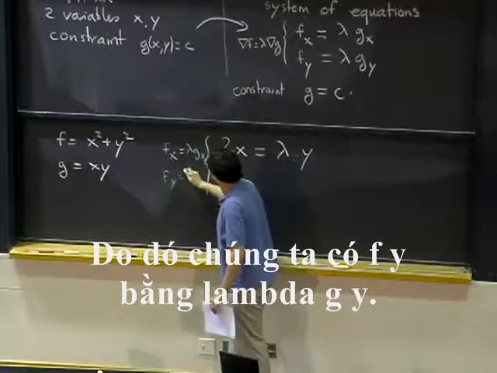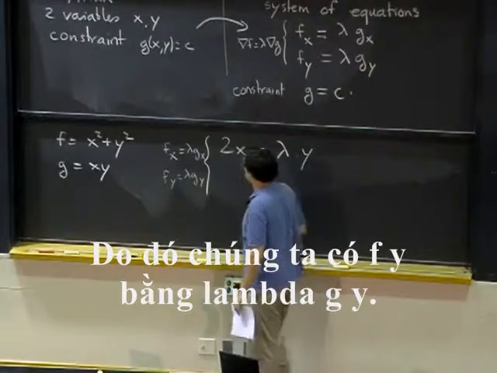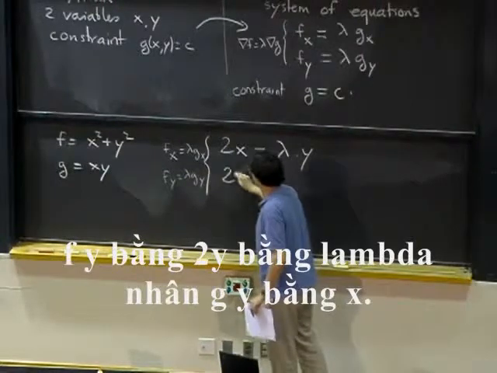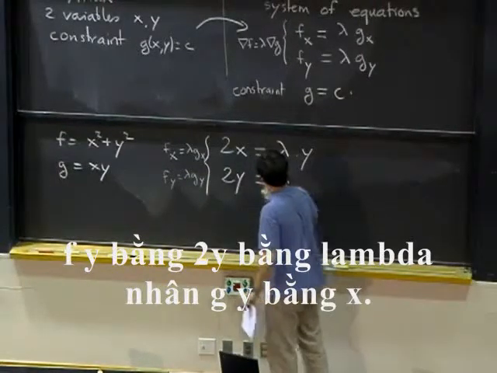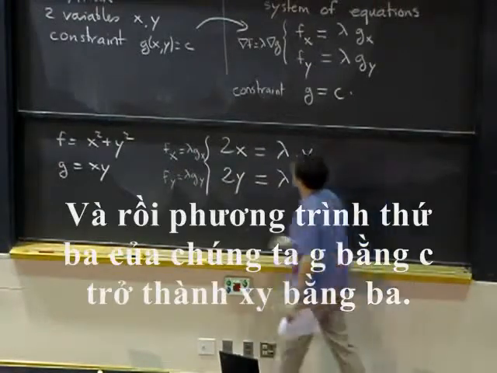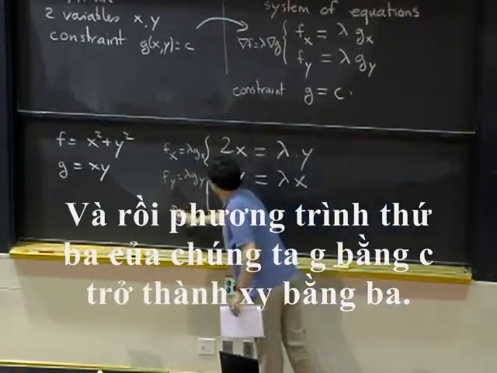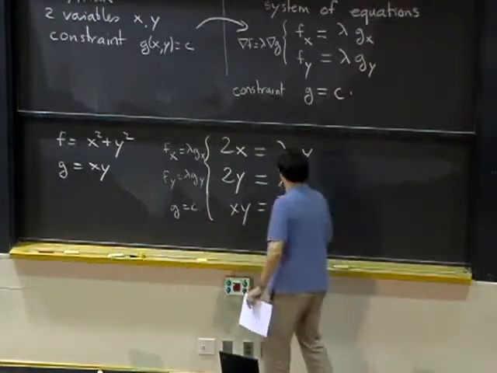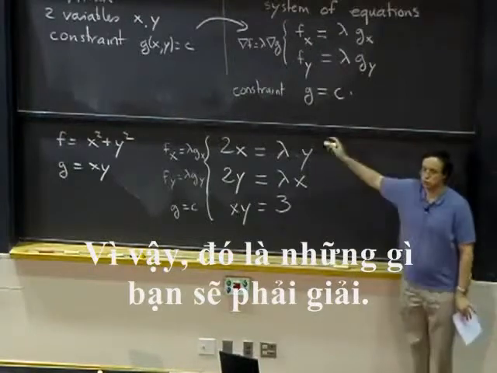Then we have f sub y equals lambda g sub y. So f sub y is 2y equals lambda times g sub y, which is x. And then our third equation, g equals c, becomes x y equals 3. Okay, so that's what we would have to solve.